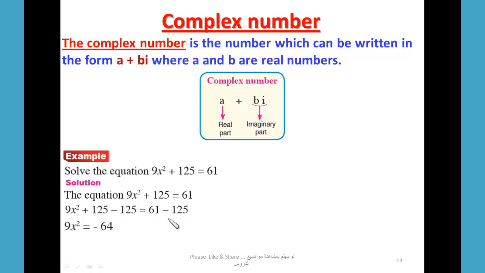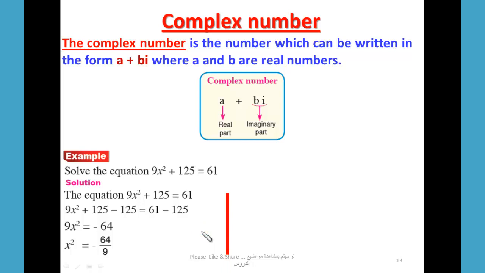So x squared equals negative 64 divided by 9, or you can say dividing both sides, the left hand side and the right hand side, by 9. So we get x squared equals negative 64 over 9.